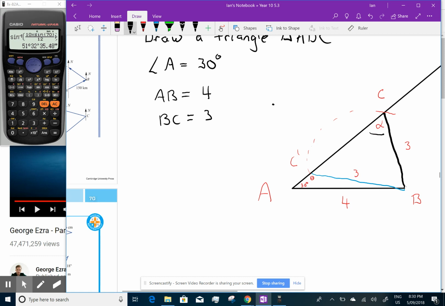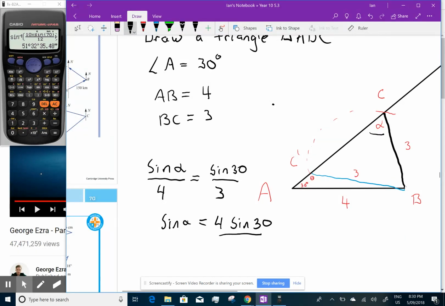So if I use the sine rule, because just looking at the big triangle, A, B, C without the dash, and we're looking at this angle in here, well, sine alpha over, what's the opposite side? 4 equals sine 30 over 3. Okay, so sine alpha equals 4 sine 30 over 3.